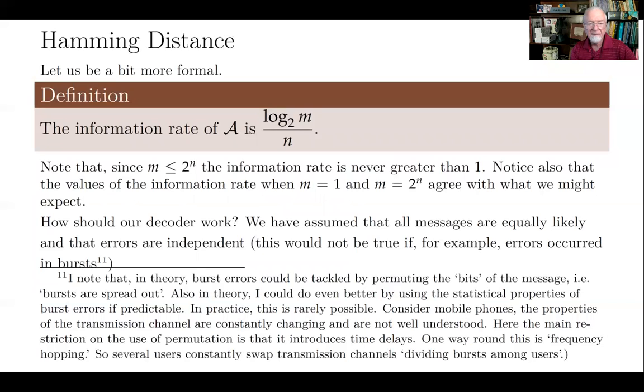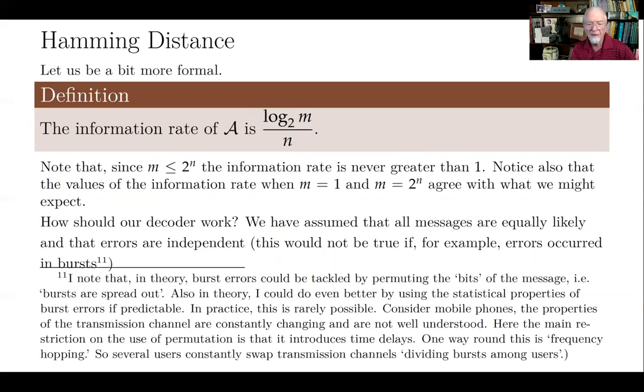When they're exactly equal to 1, or m equals 2 to the n, then they agree and you get 1, or the best possible information rate, 100%. So how would our decoder work?